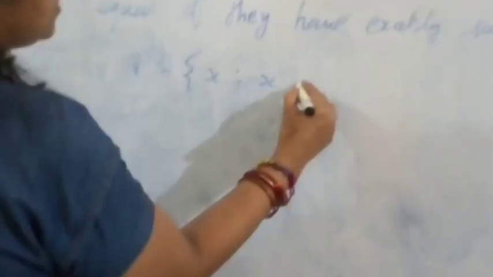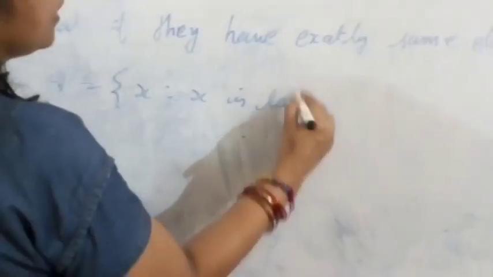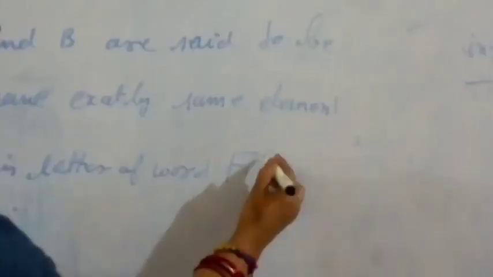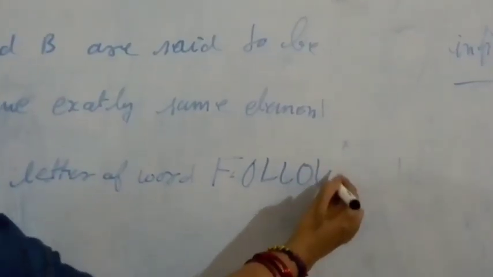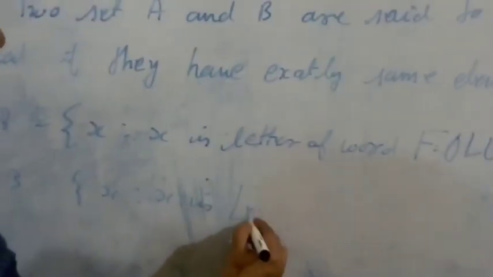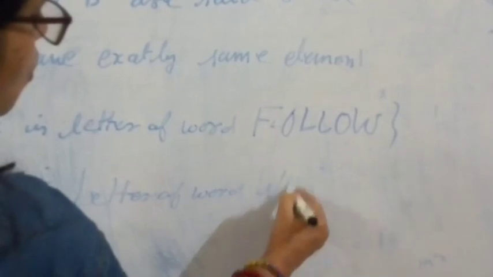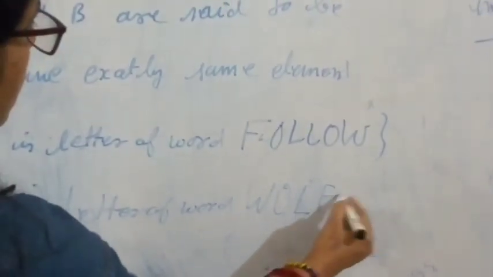For example, A = {x such that x is a letter of the word follow, F O double L O W} and B = {x such that x is a letter of the word wolf, W O L F}.